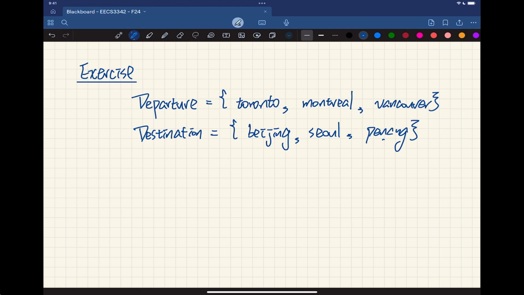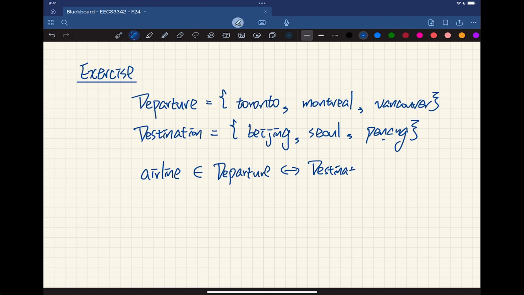Let's say we've got departure and destination, and what I want you to try is, if I say airline is going to be a member of departure relation destination.